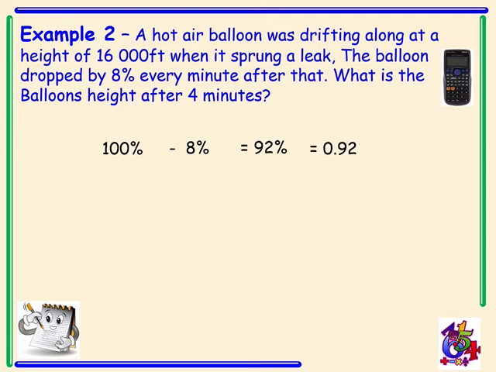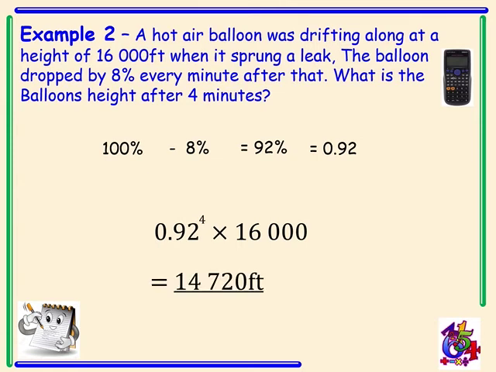As a decimal, this is 0.92. So after each minute, it's going down by 8%, so it's 0.92 multiplied by 16,000, the original height. However, we want to find out what the height is after 4 minutes, so we put the 0.92 to the power of 4. In our calculator, our answer is 14,720 feet.